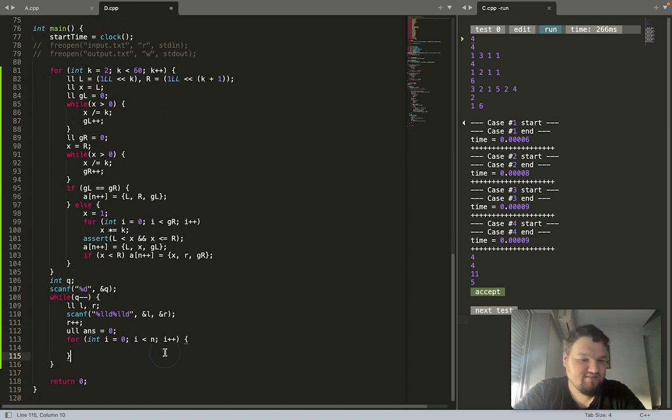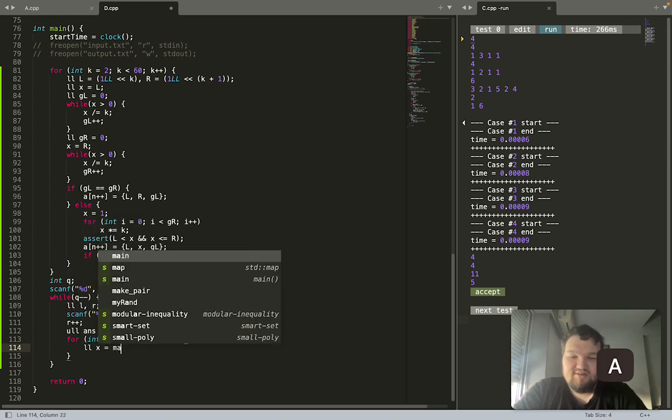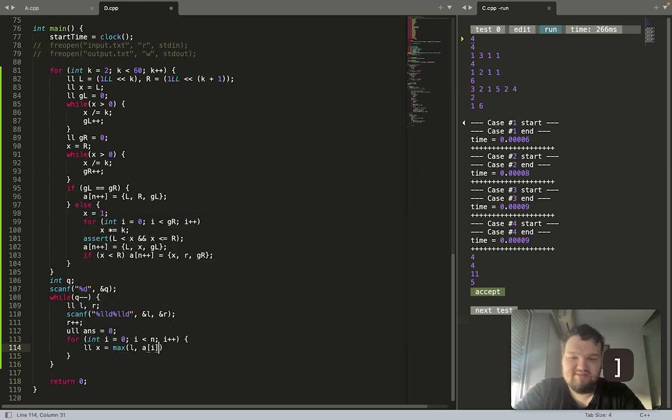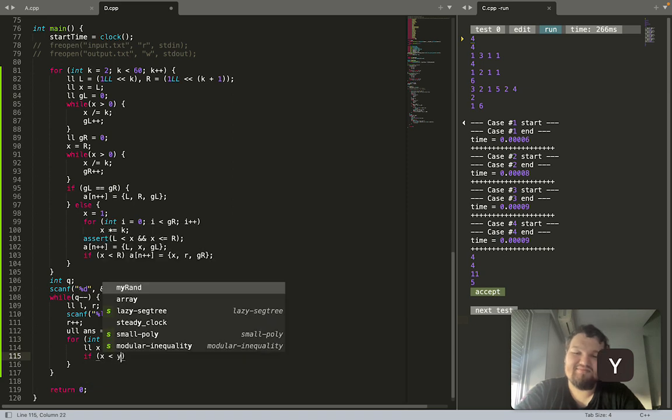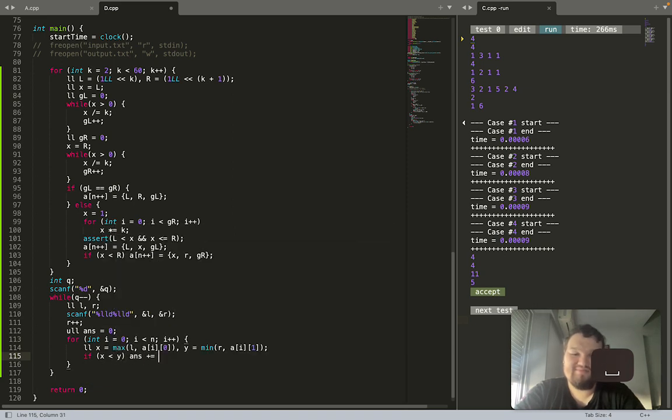I want to check my insane hypothesis that the answer fits in unsigned long long. So I'm intersecting the segment of the query with my segment.